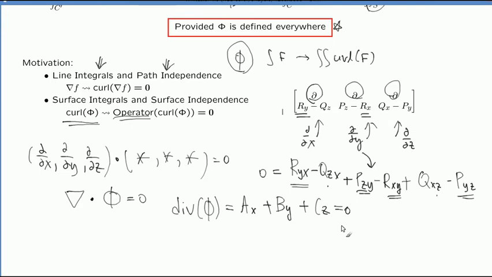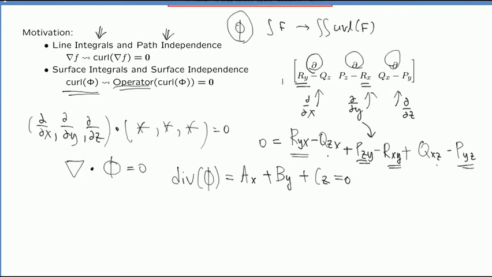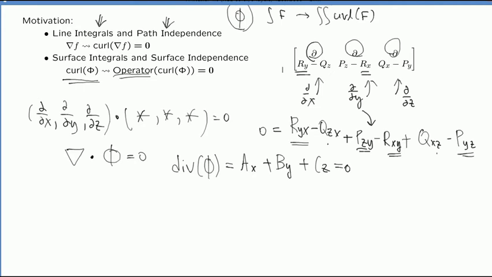So that seems like an operator we should consider, if this phenomenon still holds like with the line integral. All right? Always first component with respect to x, second with respect to y, third with respect to z, and remember this is a scalar, not a vector field anymore.